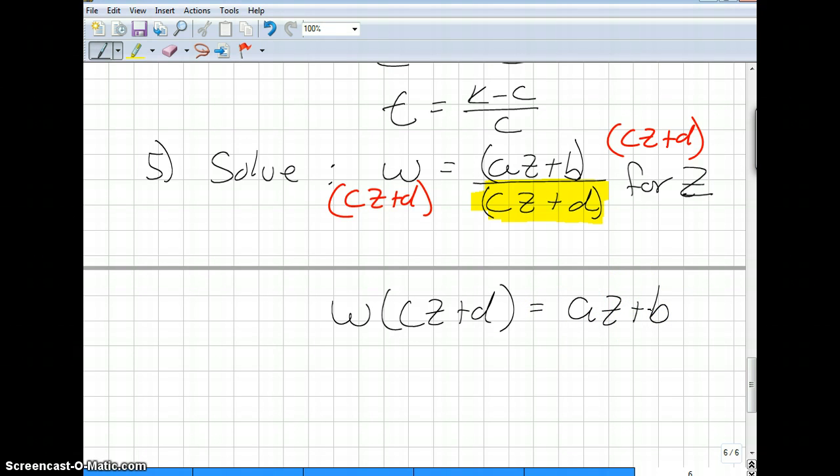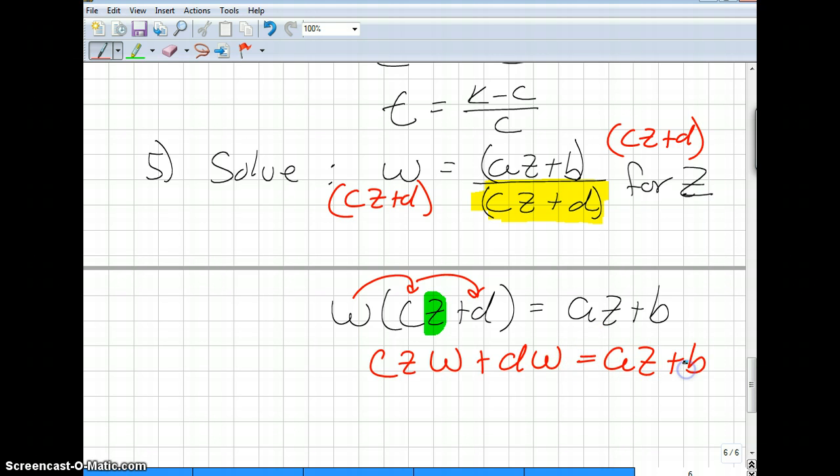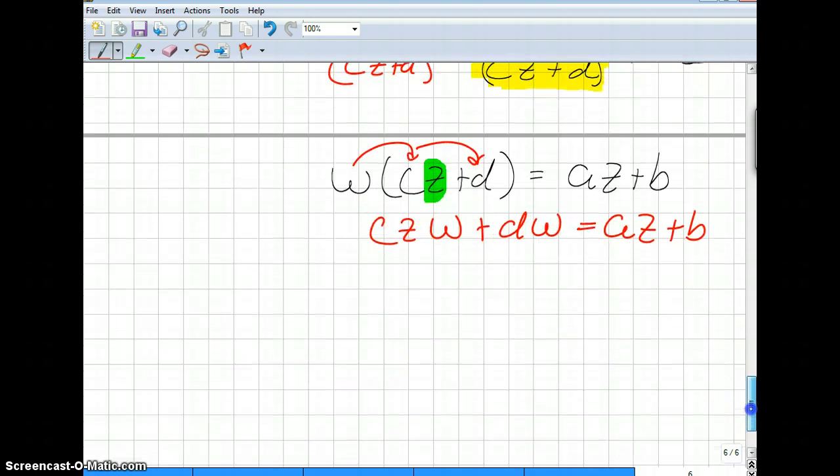All right? Then notice that I have a Z inside the parenthesis. I need to get that out of the parenthesis, so I have to distribute the W inside to get rid of the parentheses. So I get CZW plus DW equals AZ plus B. Okay?